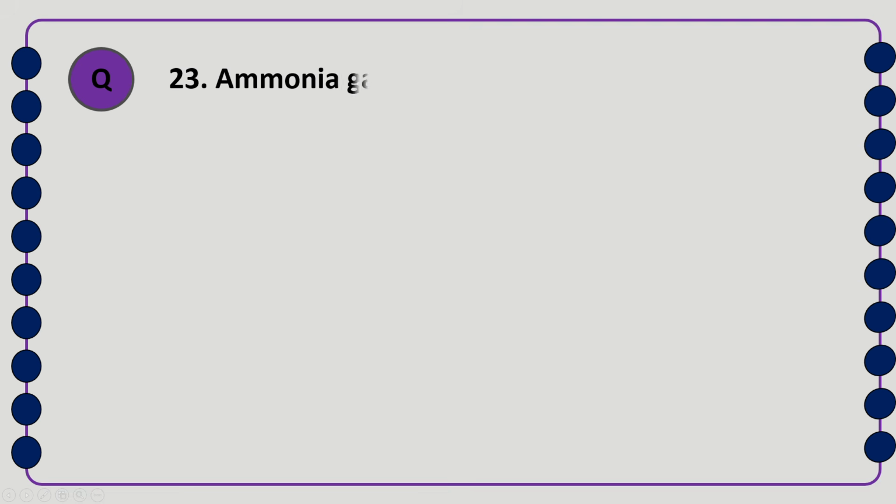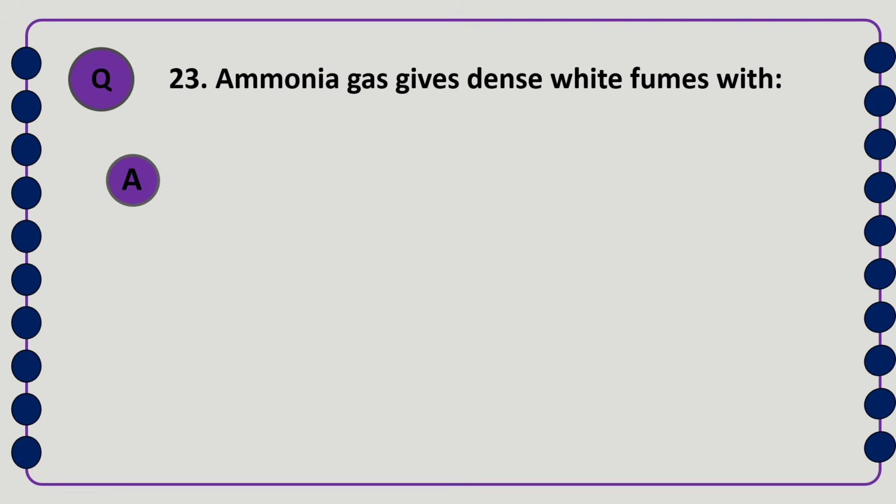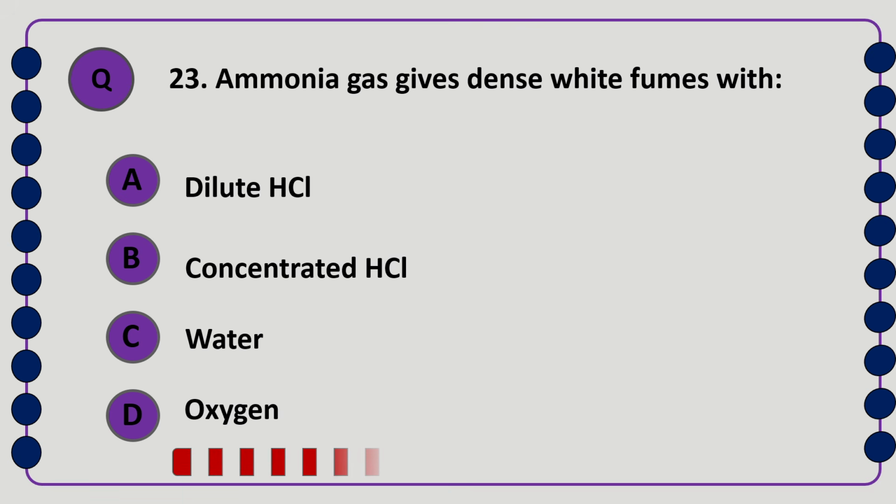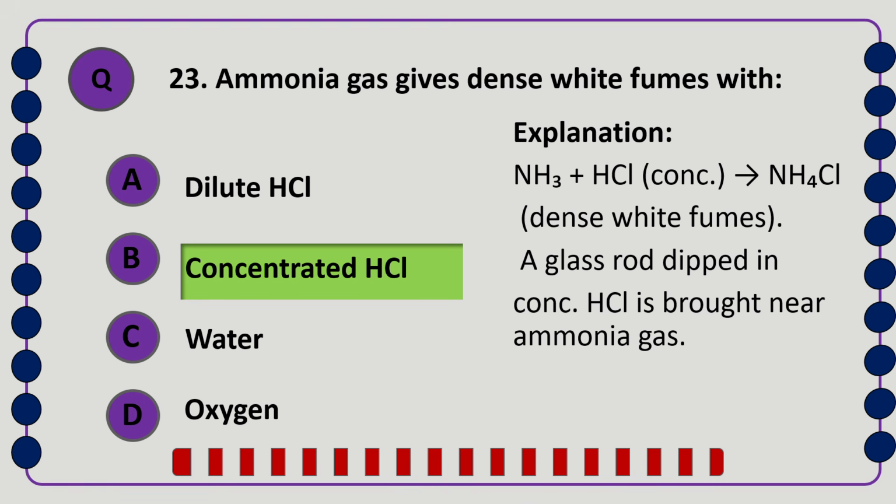Question number 23. Ammonia gas gives dense white fumes with dilute hydrochloric acid, concentrated hydrochloric acid, water, or oxygen. Yes, the correct option is concentrated HCl.